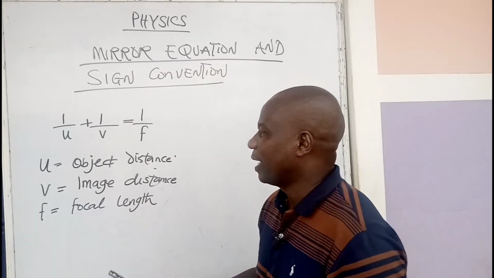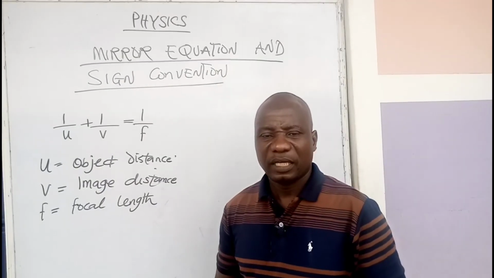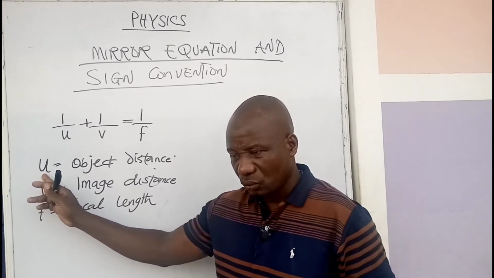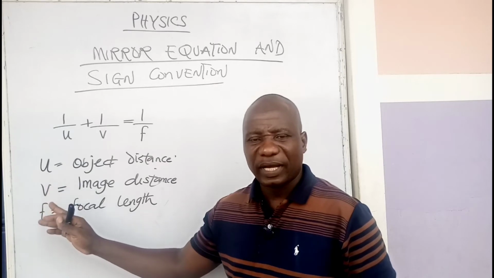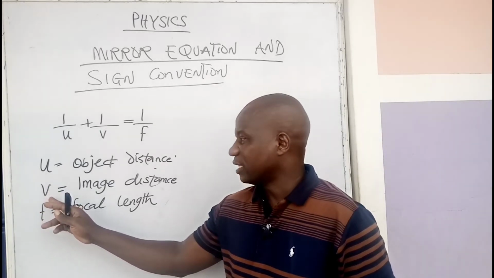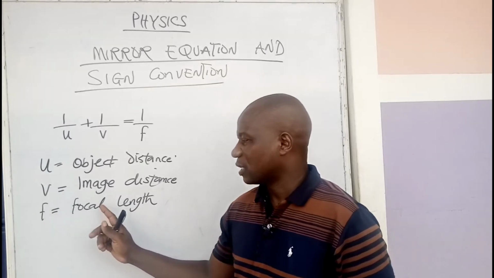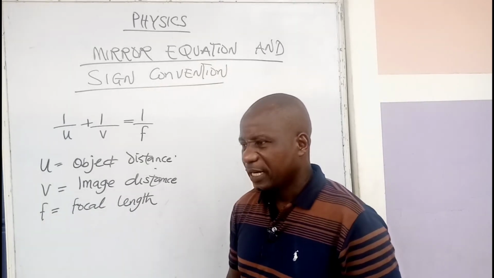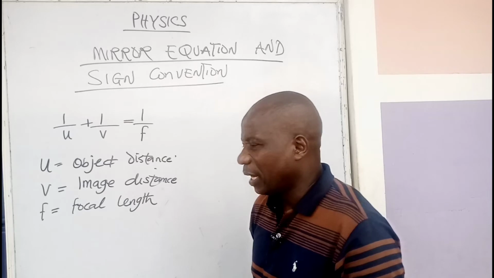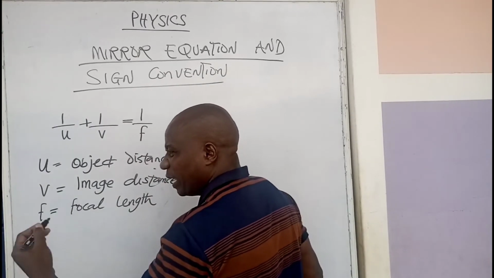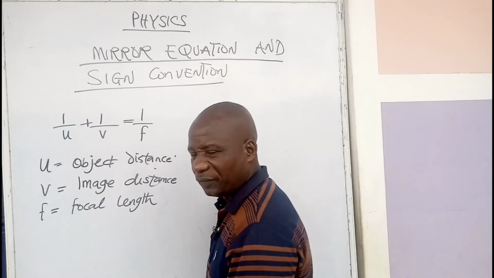Anytime you are asked to calculate the object distance, invariably you are asked to find u. Anytime you are asked to find the image distance, that is v, and of course we have f standing for focal length. Now we have magnification. You often hear the word magnification.